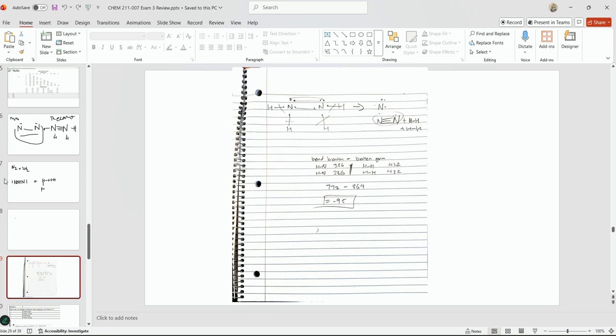So if you look at the table, we are going from H2N, so it'll be 386, 386, 386. Wait, why does this write 2?